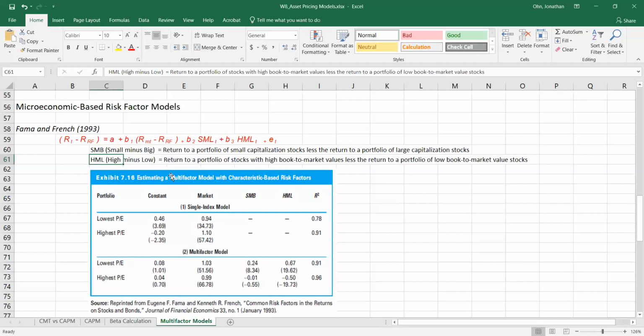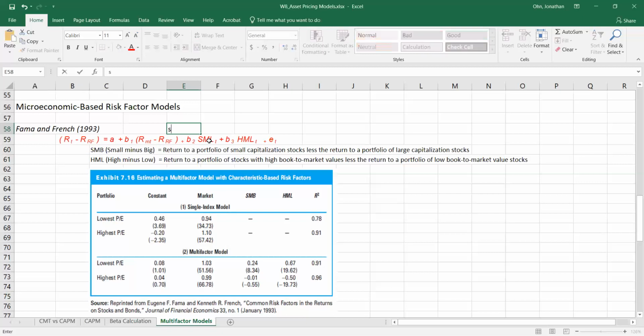B1 is comparable to beta in the CAPM model, with RM minus RF. B2 is called the size premium, because it is the premium for the size factor.